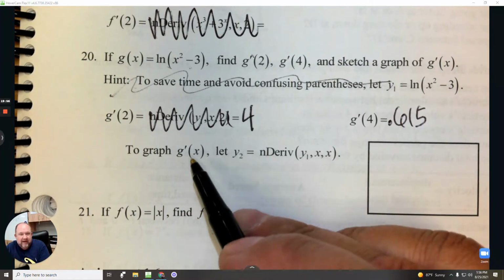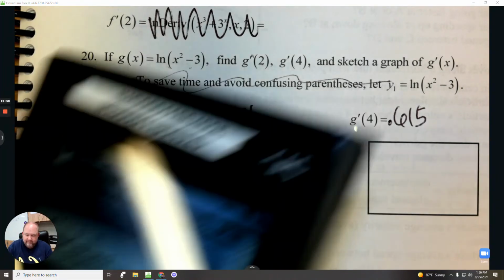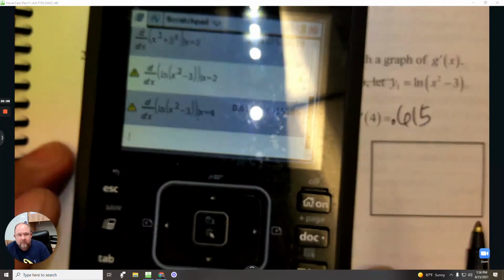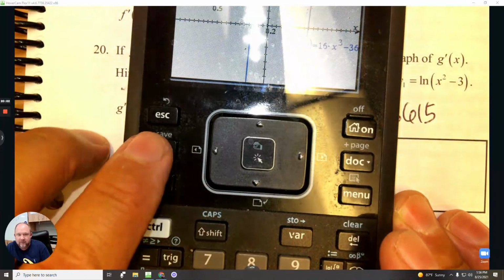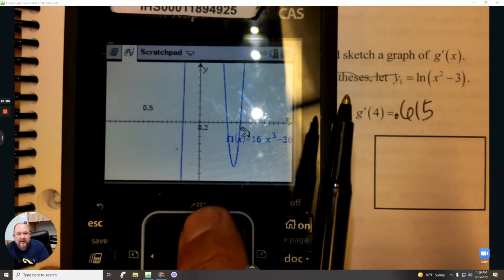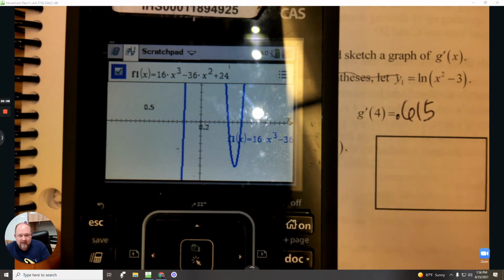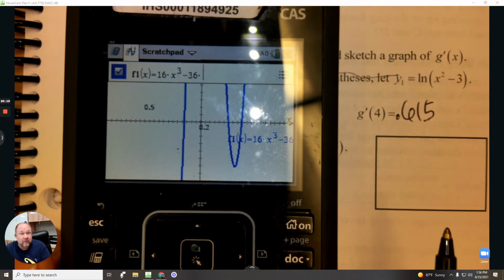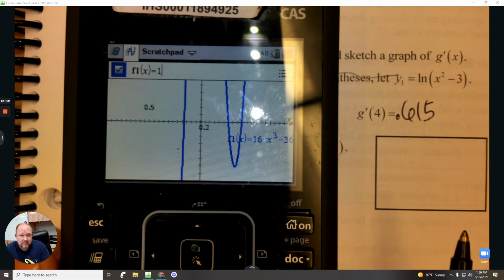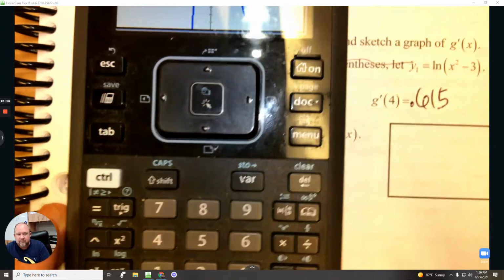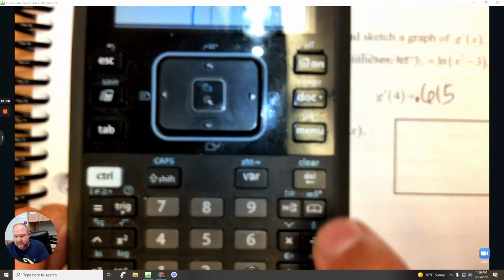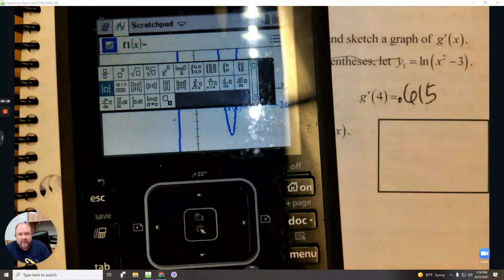And then we want to graph the derivative. So to graph, press the toggle button. Let's go back. Oops, let's press tab, and go back up and erase this. We're doing the derivative. So press the button beside the 9 and you'll see a derivative notation.